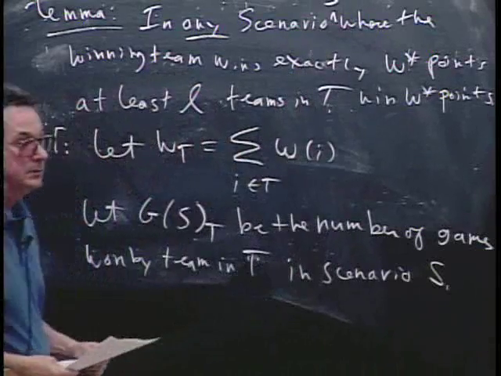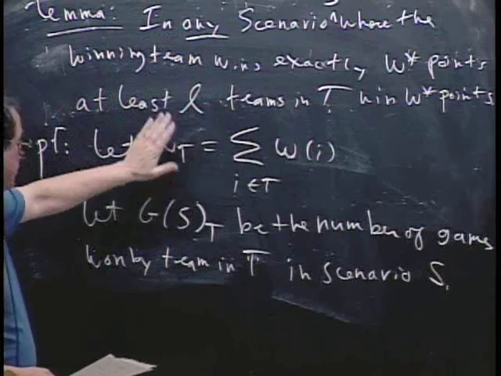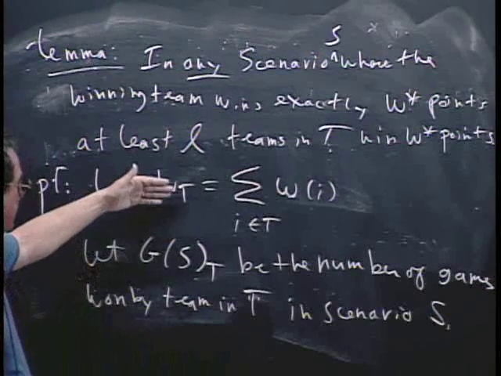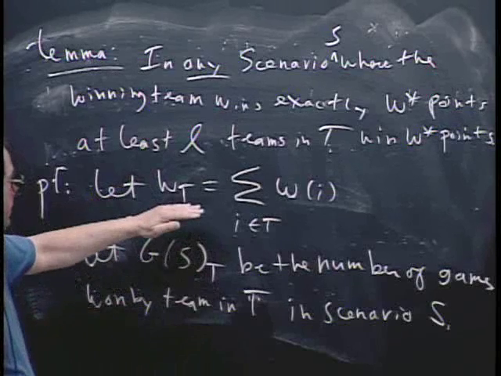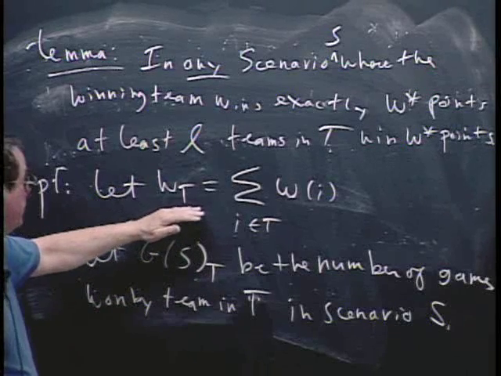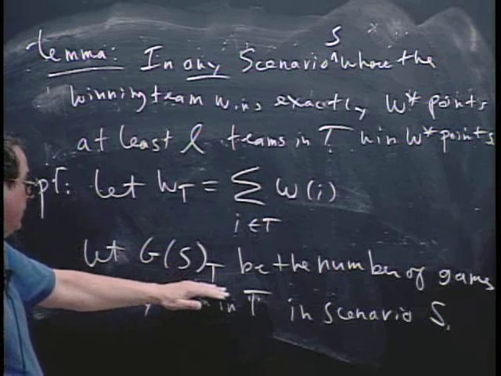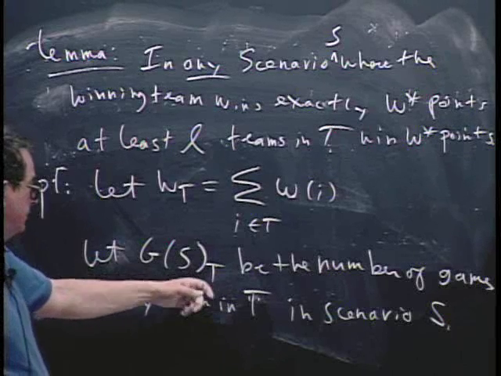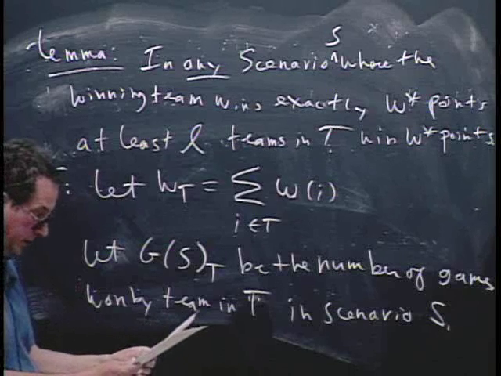So in any scenario S that has this property, we're making this claim. And so now we're just going to look at how many games did teams in T win before we started this scenario, and how many games did they win in scenario S. Okay? How many games did teams in T win in scenario S?